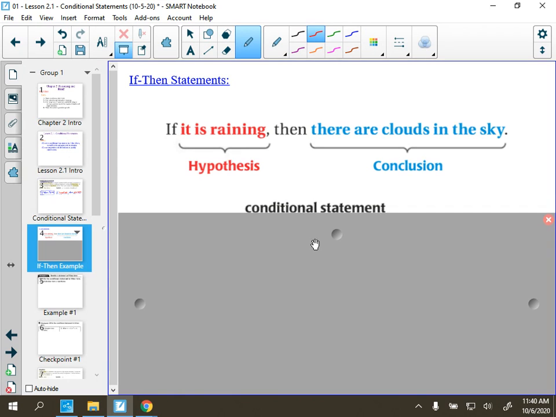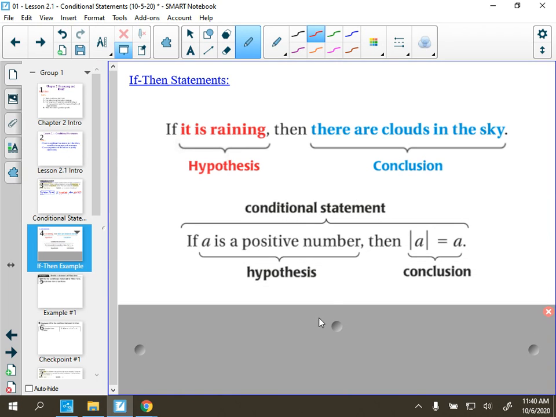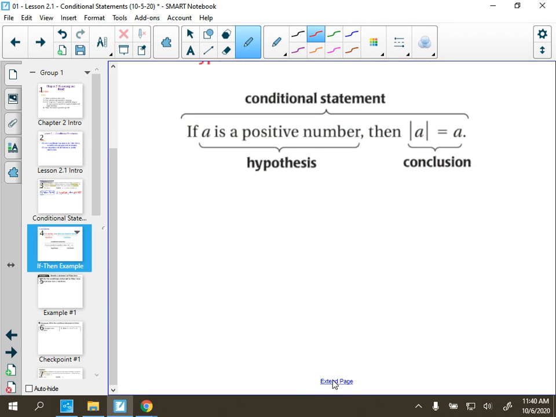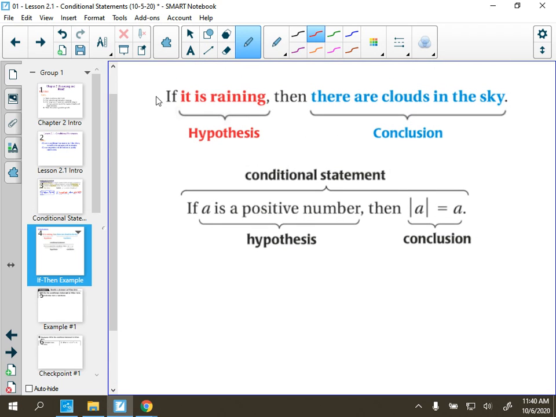We can see mathy ones too. This is more of an algebra, pre-algebra type of concept: if A is a positive number, then the absolute value of A equals A. Whether it's relatable or specific to math content, the point here is just understanding where the hypothesis and conclusion fall.